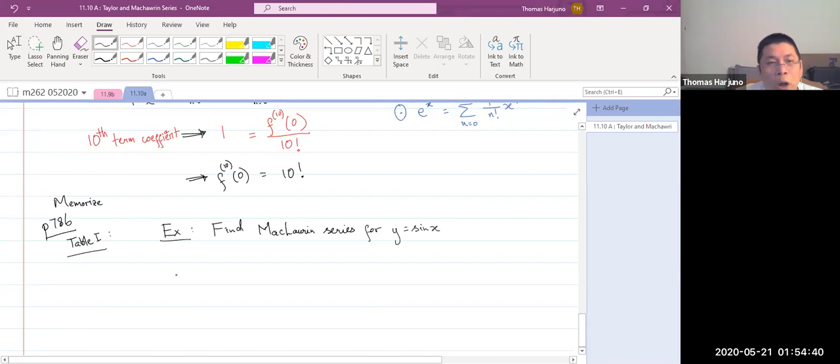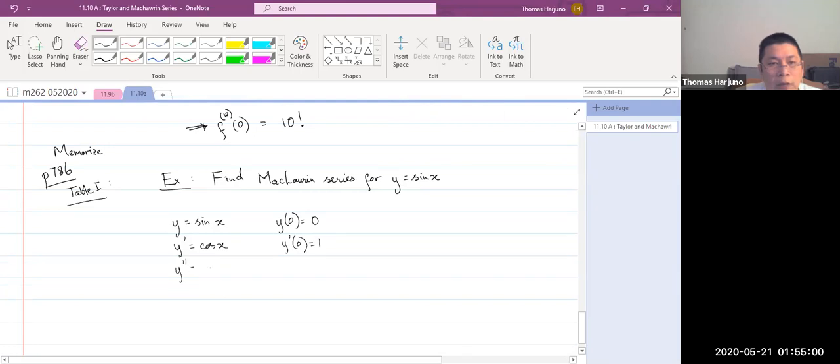So y equals sine x, y of 0 equals 0. y prime is cosine x, y prime of 0 is 1. y double prime is negative sine x, so y double prime of 0 is 0. y triple prime is negative cosine x, while y triple prime of 0 is negative 1. And then you will see we go back.